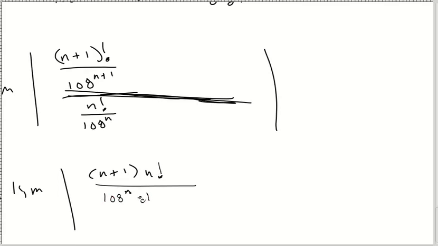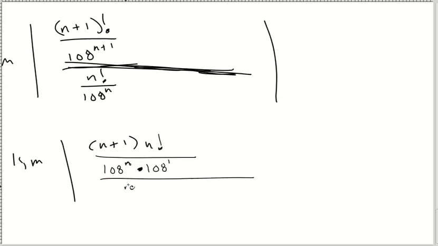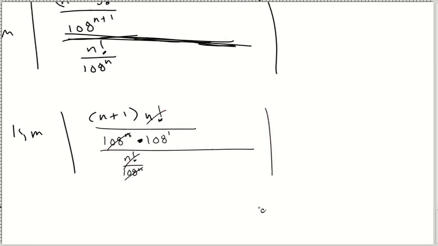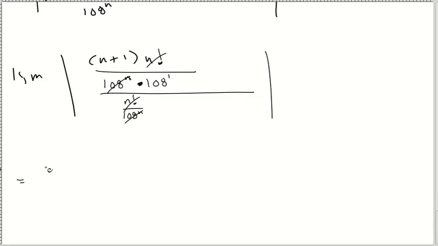I'm just going to multiply by 108 down here, just like in the last problem. That's a 1 power, multiplying their bases, add the powers, that kind of stuff. Just basic algebra. So these guys cancel, those guys cancel. That's the idea with ratio tests, a lot of stuff cancels. I got the limit of n plus 1 divided by 108.